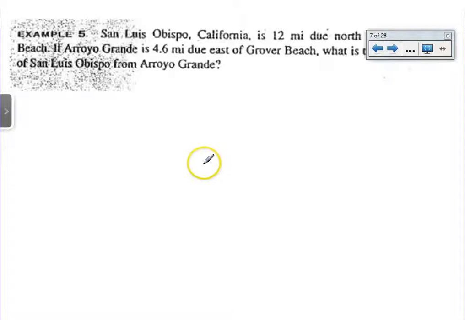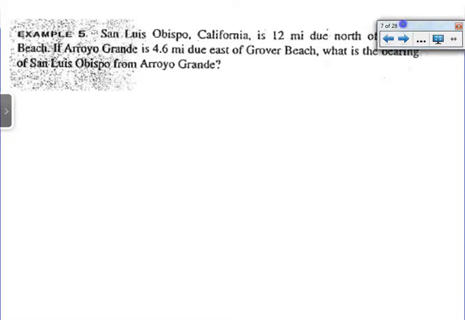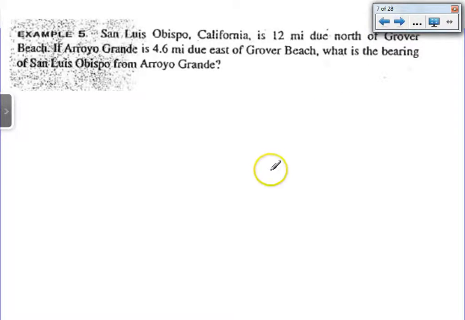So we're going to have an example. San Luis Obispo, California, is 12 miles due north of Grover Beach. Arroyo Grande is 4.6 miles due east of Grover Beach. What is the bearing of San Luis Obispo from Arroyo Grande? So let's draw ourselves a little picture. San Luis Obispo is 12 miles due north of Grover Beach.